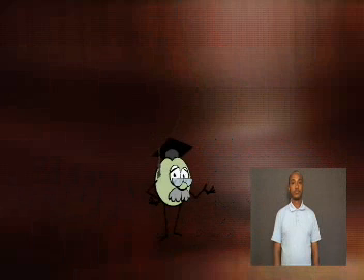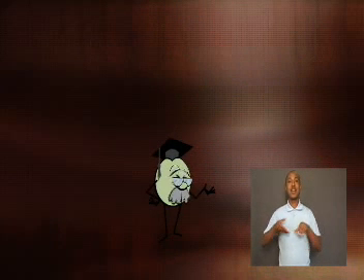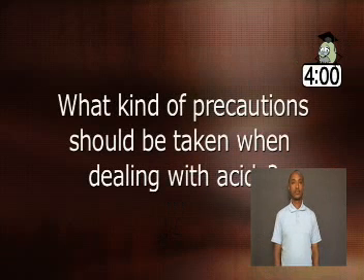What kind of precautions should be taken when dealing with acids? Please discuss this question with your classmates and write down the ideas you come up with. Students, let's get ready. Begin.